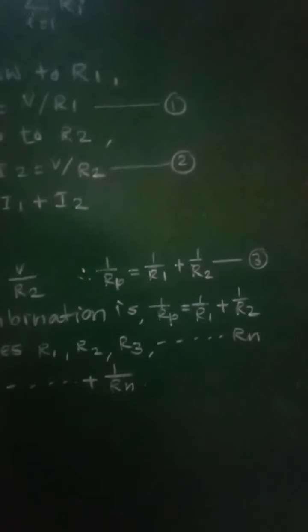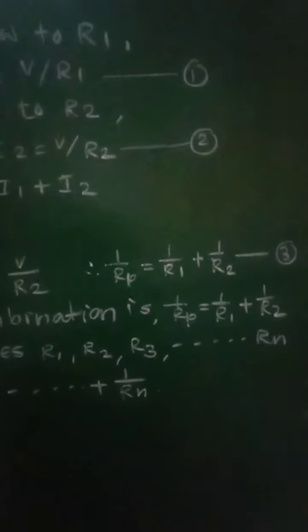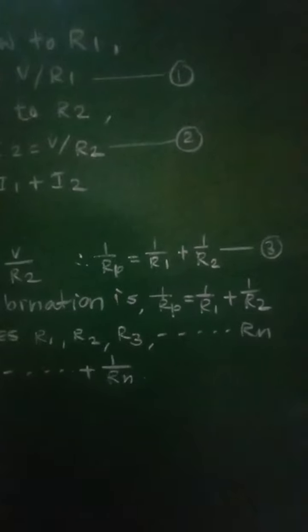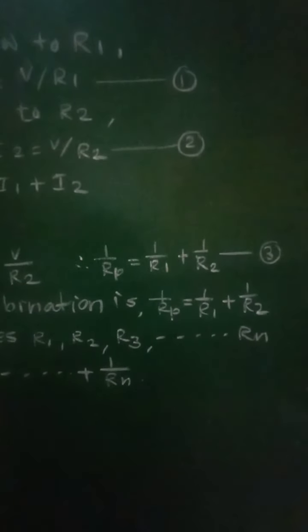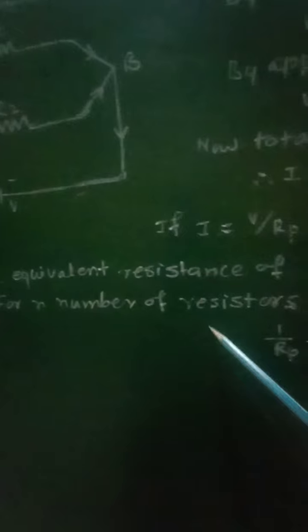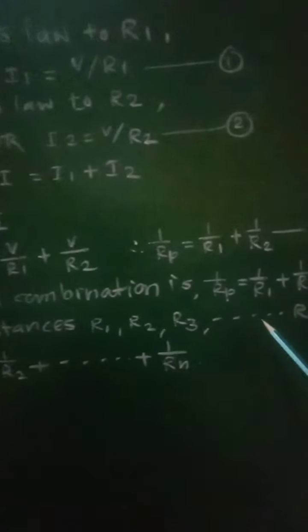So from this relation it is clear that when the resistances are connected in parallel, their equivalent resistance will be decreased. So we can write for n number of resistances, we have values R1, R2, R3 up to Rn.